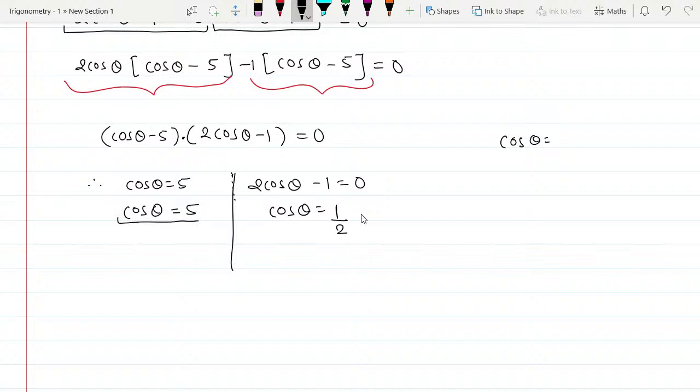Cos theta equal to 5 is invalid because the maximum value of cos theta is plus 1 and the minimum is minus 1. This is the range, but 5 is out of the range. That's great.